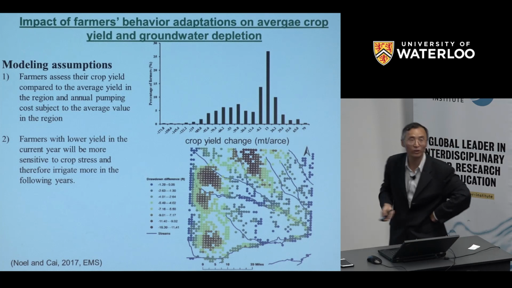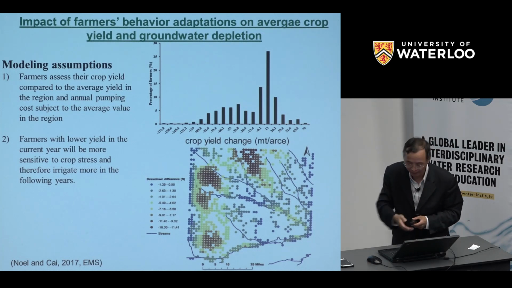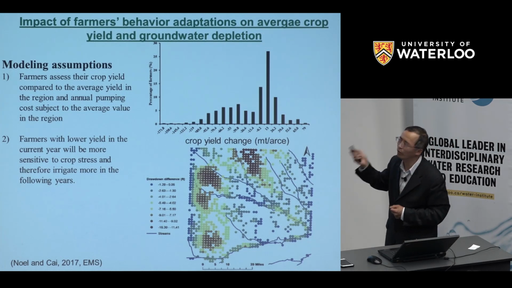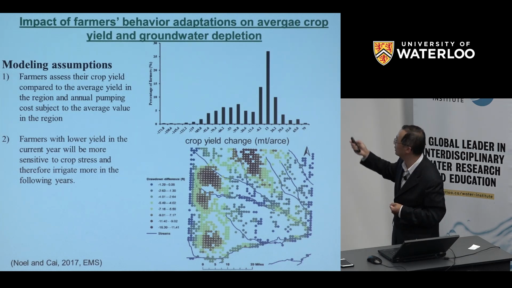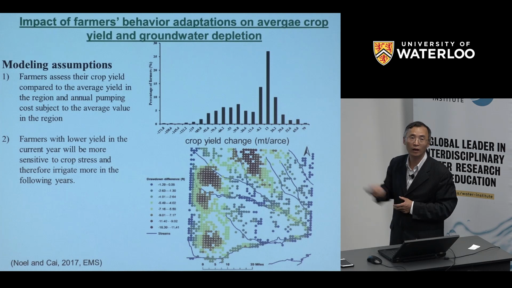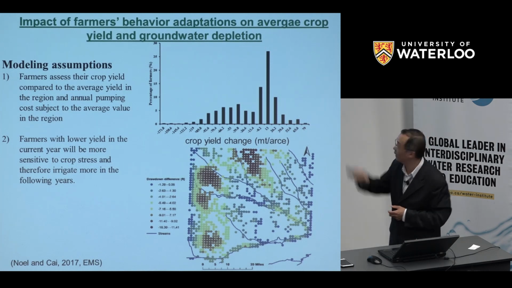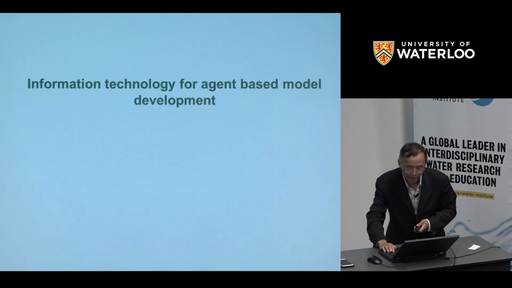In other words, the groundwater situation could be better. So in this figure, we want to show how human behavior change affects the spatial pattern of water table change, and also the crop yield.